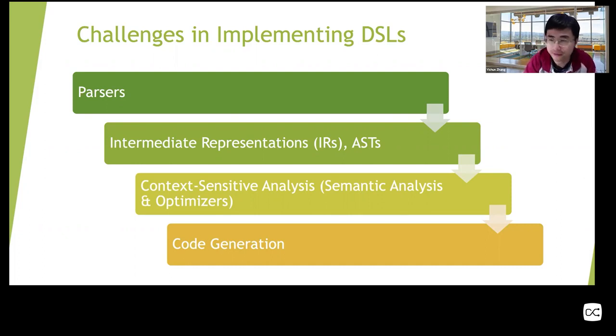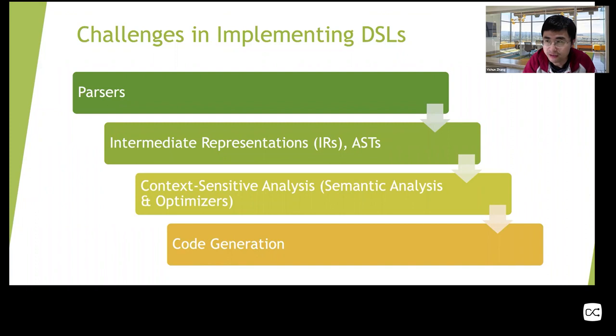Okay, and the final phase is the code generation. The code generation part can be tricky if you are generating machine instructions directly. That's a whole world of research and courses, but generating code in higher level languages is usually much easier.